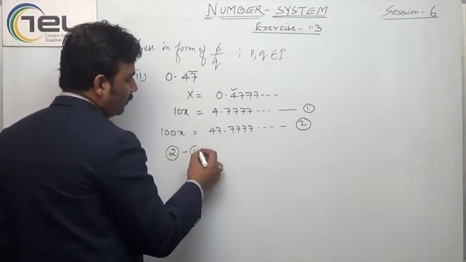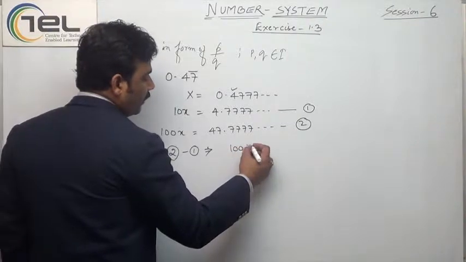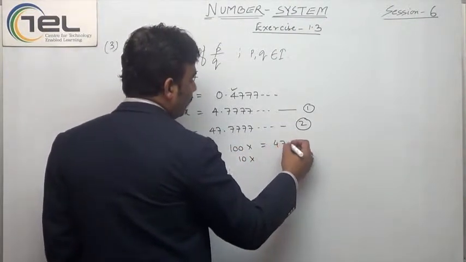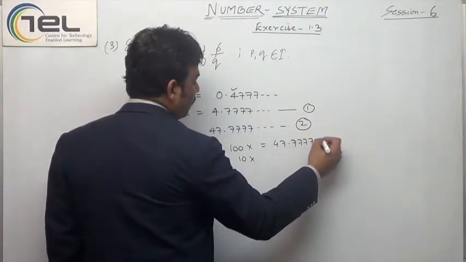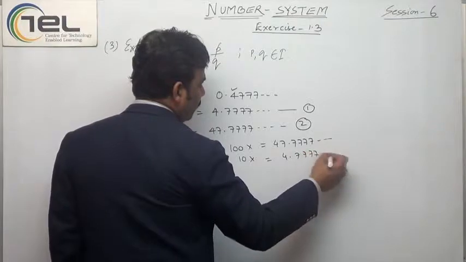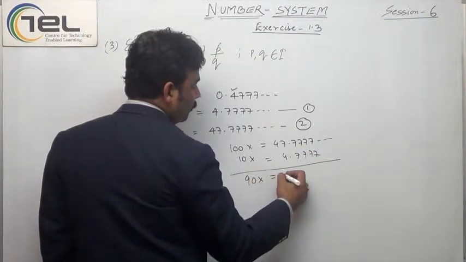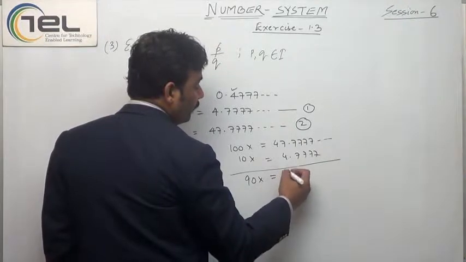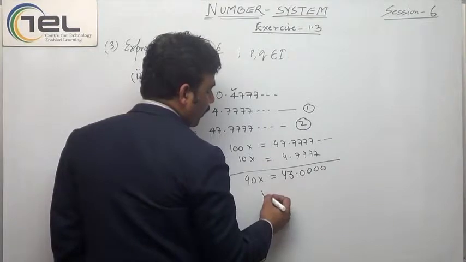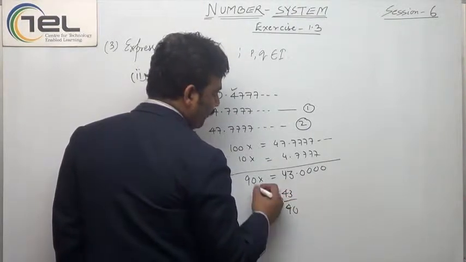Equation 2 minus 1, what I have, 100x minus 10x equals 47.7777 minus 4.7777. It will be 90x equals 47 minus 4, which is 43.0000. x equals 43/90.